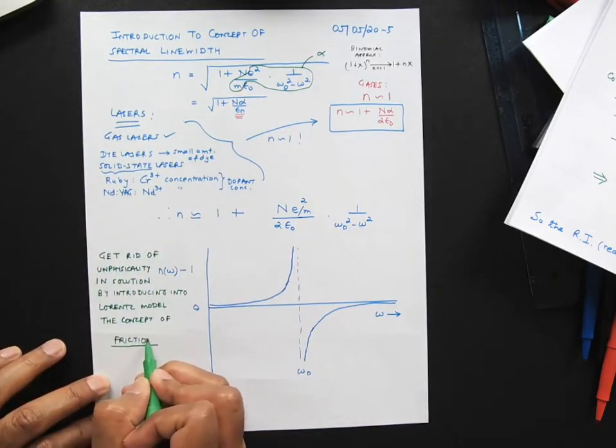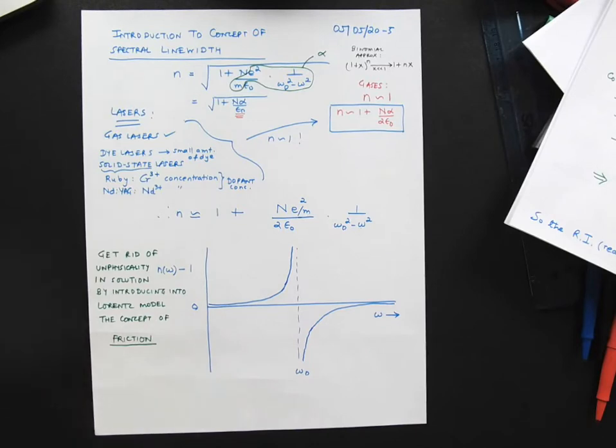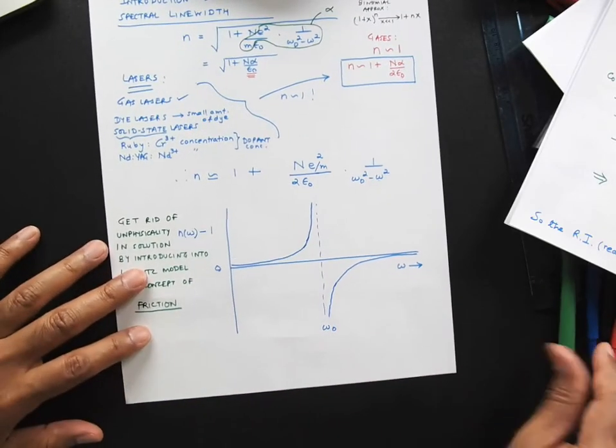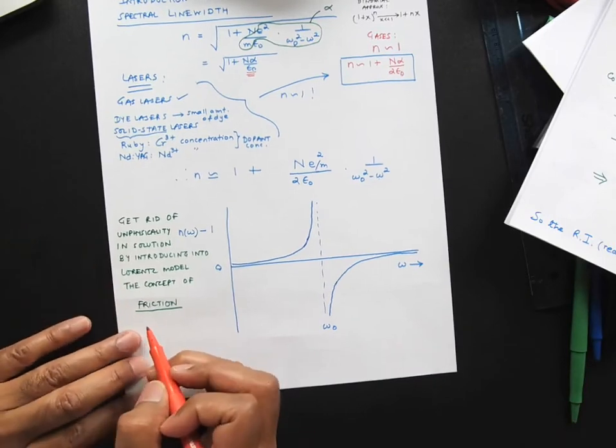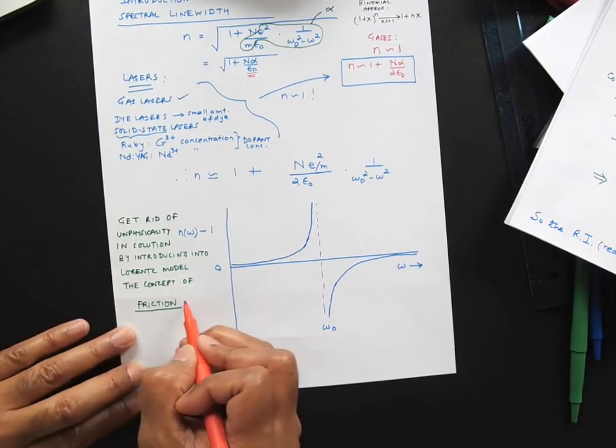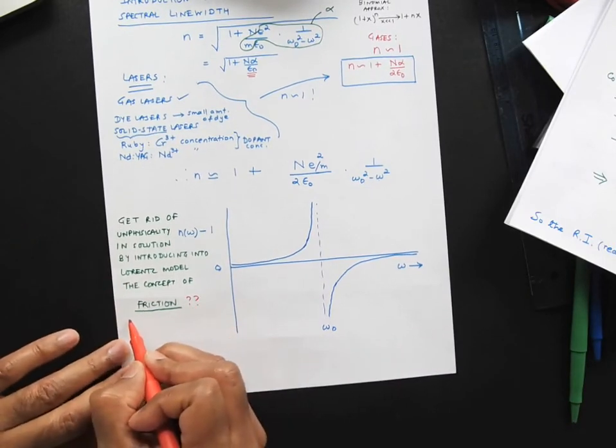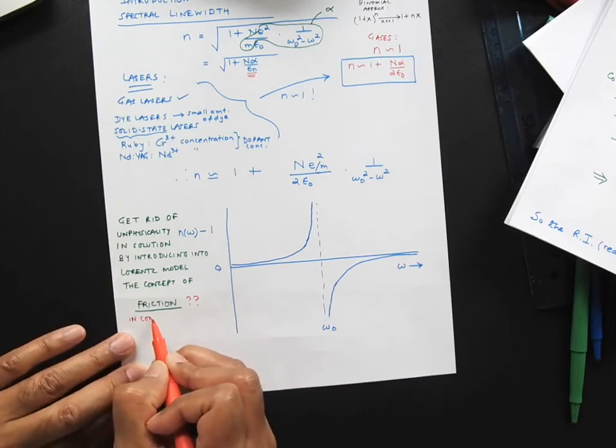So I have to now introduce into this the concept of friction. And of course, friction is a multi-splendored word here now, right? Because what does friction mean in the context of light atom interaction?